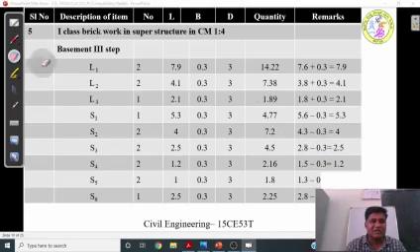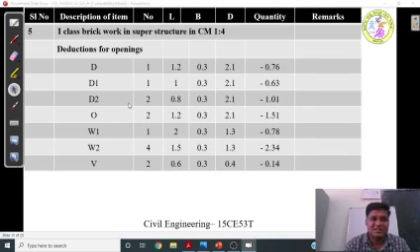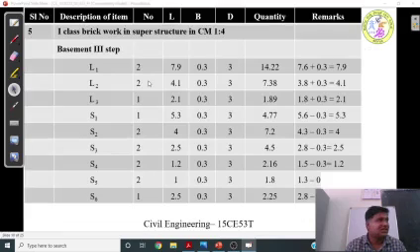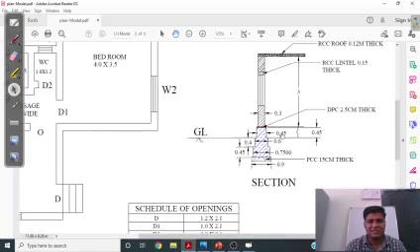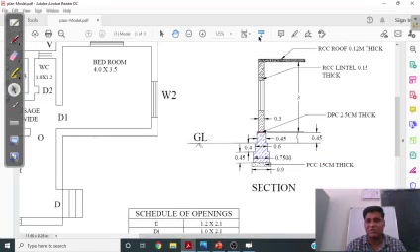So after all the calculations, next I have to go for deductions in openings. Since this section does not show the parapet wall, you can't add the parapet wall to the masonry.